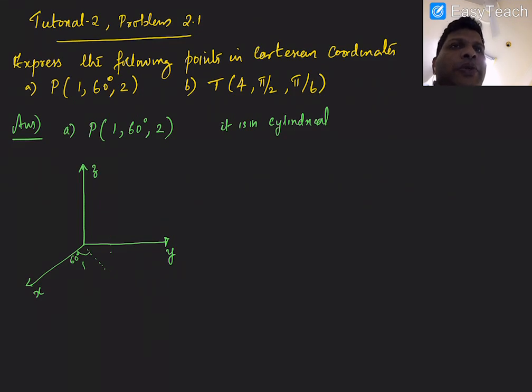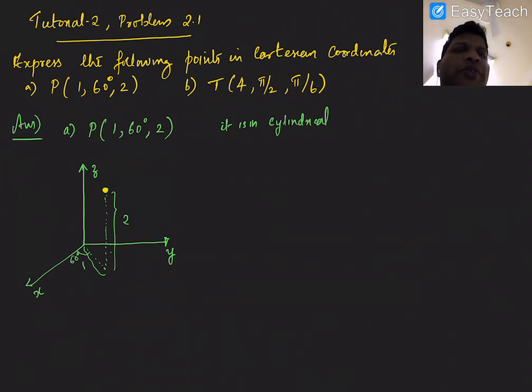So we will go up by 2 units. So this is 2 and this distance is 1. So the point is located here. I hope it is clear. So this is my point.